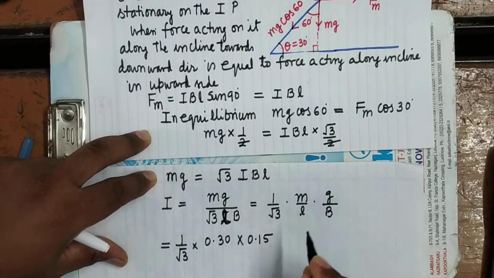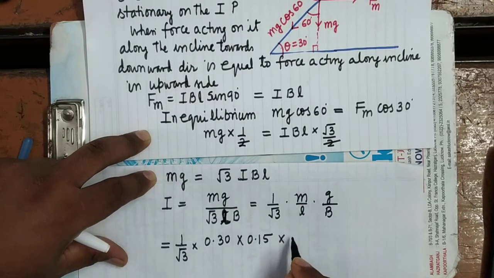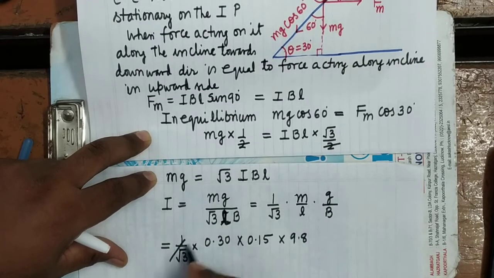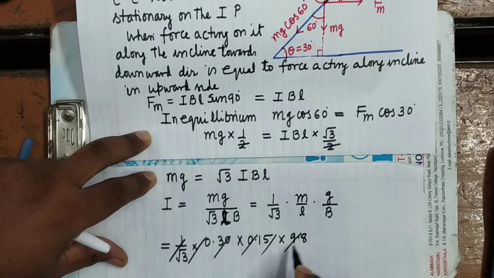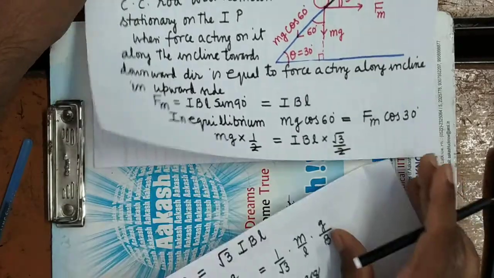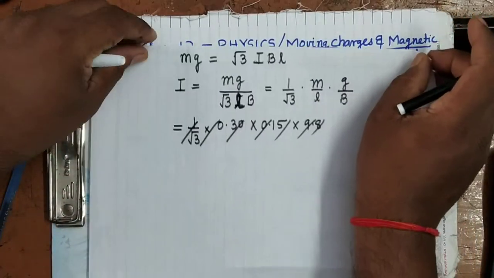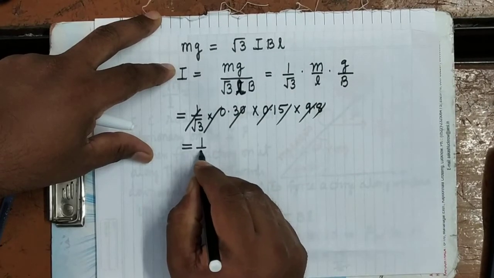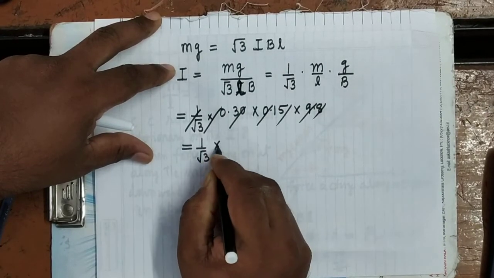Value of G is how much? 9.8, you can take. The value of G I have not put here, so I put all the values wrongly. When you substitute, it will be 1 upon root 3.